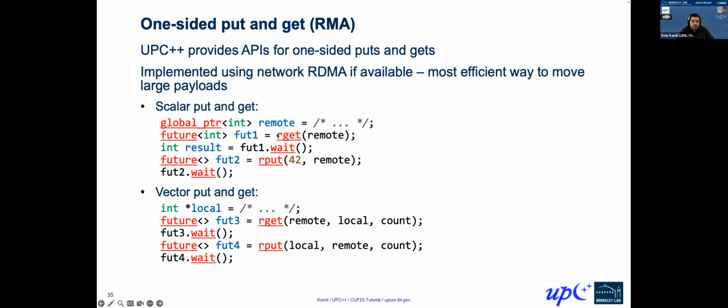This version here is what we refer to as scalar, which is we're just reading a single data value. And in that case, for the get, the data value itself is just encapsulated in the future. And so here since we have a global pointer of int, we're reading an int value, and so we get back a future of int.